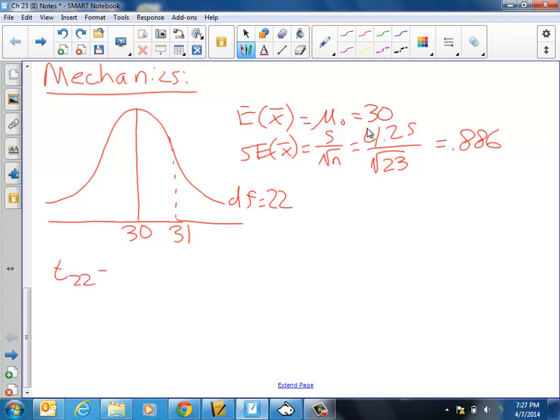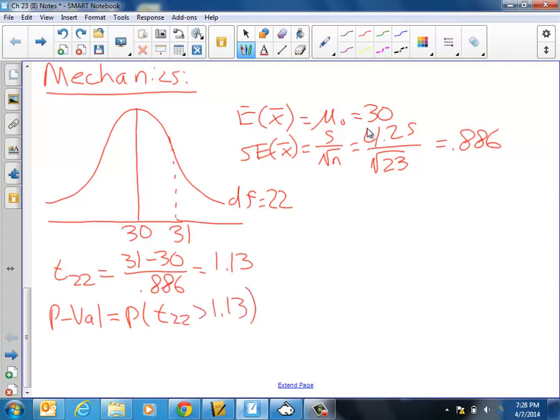We're going to say t sub 22, 22 referring to degrees of freedom again, equals 31, the sample mean, minus the null hypothesis mean assumption, over 0.886. So we are at 1.13 standard errors to the right of the mean. So our p-value is equal to the probability that a t-score with 22 degrees of freedom is greater than 1.13.